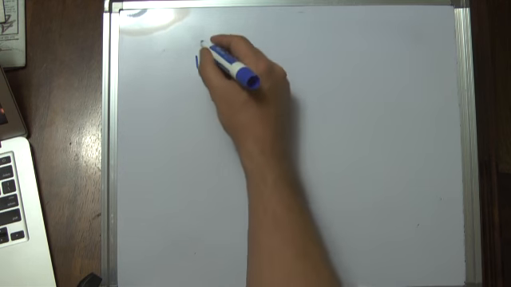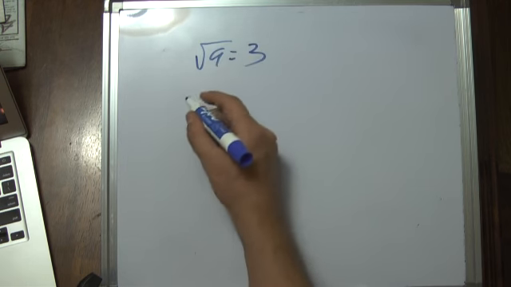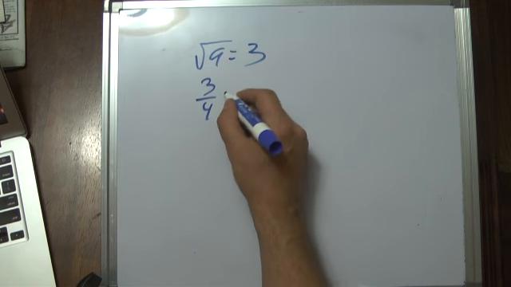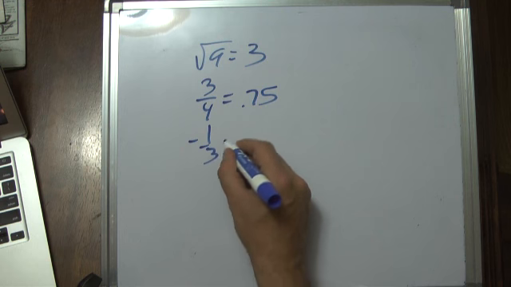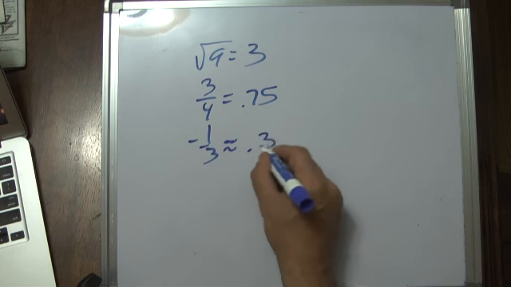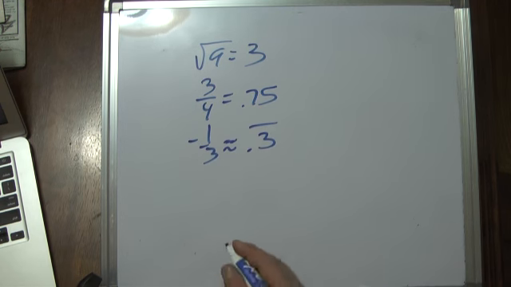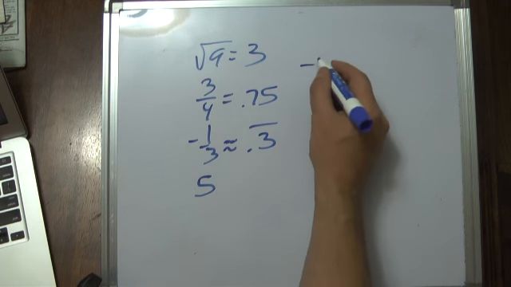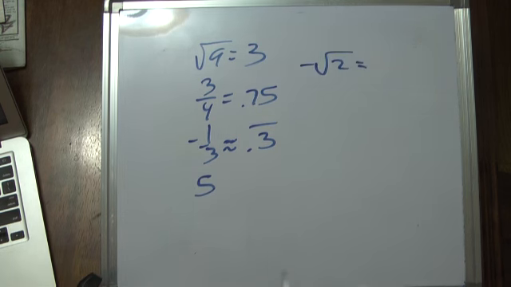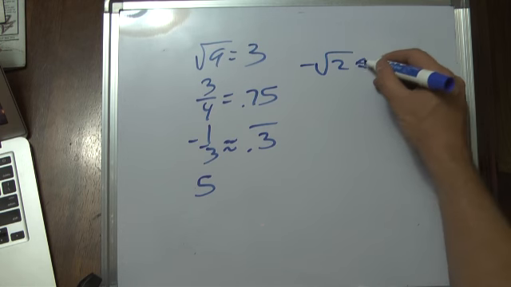So the square root of 9, you've got calculators, use them. Square root of 9 equals 3. 3/4 as a decimal is 0.75. Negative 1/3 as a decimal is about negative 0.3 repeating. And then there's just 5, you don't have to change that. Negative square root of 2 is about negative 1.4.